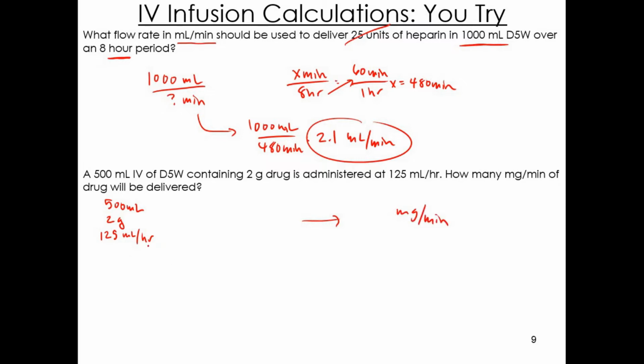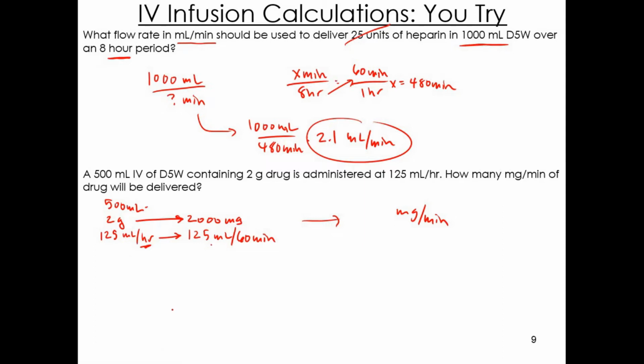And so the minutes are going to come from this unit here. So we could write this as 125 mils per 60 minutes. And then the milligrams will come from the total mass of drug. So 2 grams is 2,000 milligrams. And we can see that we'll probably use the total volume to get rid of the 125 mils.